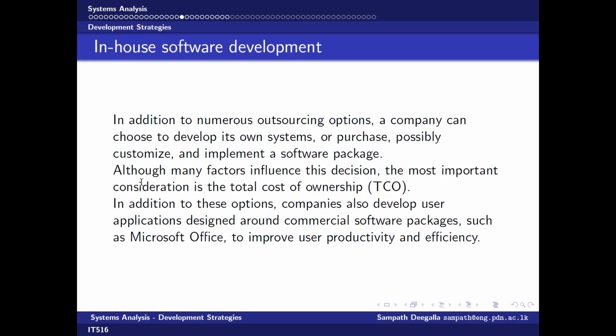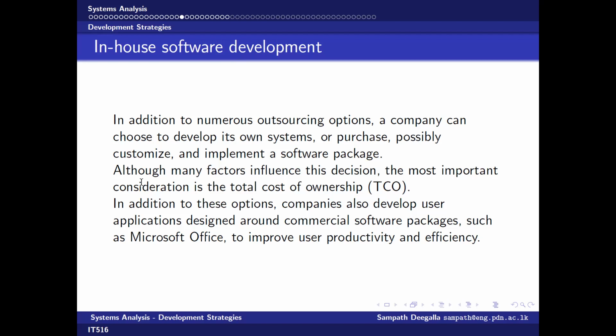And then we can talk about in-house software development. A company can develop its own system, because one of the problems, as you can see, is that there are a lot of dependencies when you purchase software from outside, right? So many prefer to start from scratch and have their own software developed in-house, right?